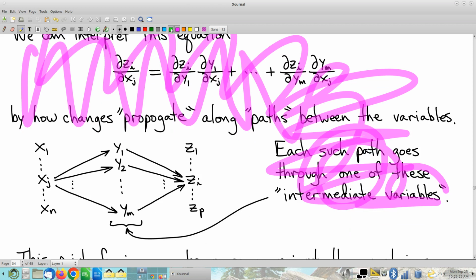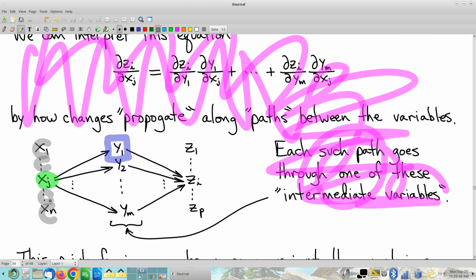So xj is changing, and I want to know how much y1 changes as a result, with the understanding that all of these other x variables are being held constant. So that's the story that we're involved in when we look at that first partial y1.